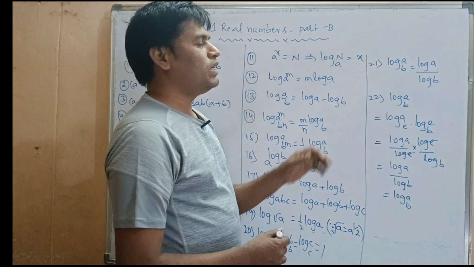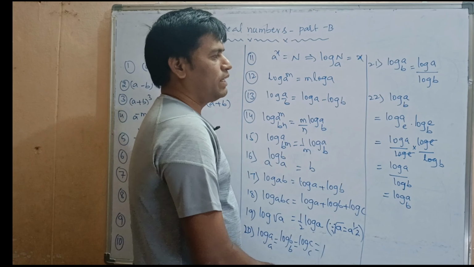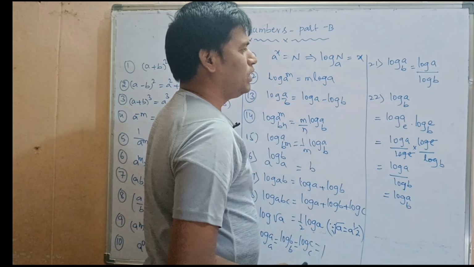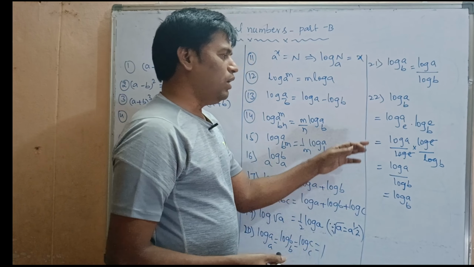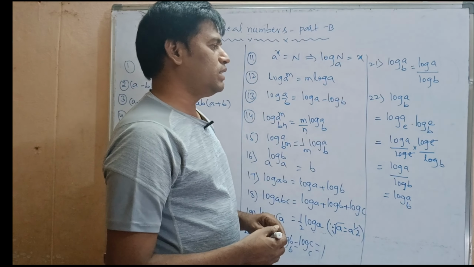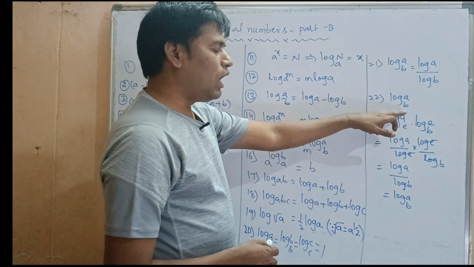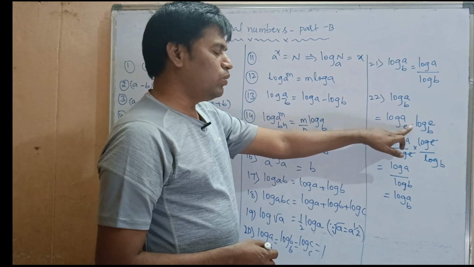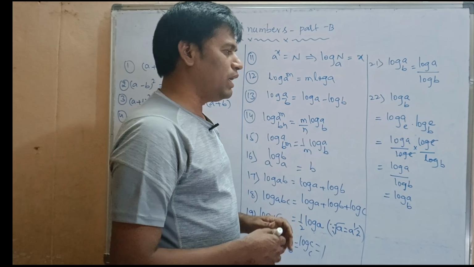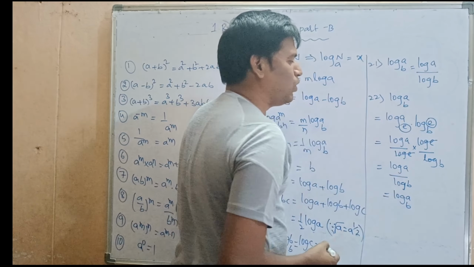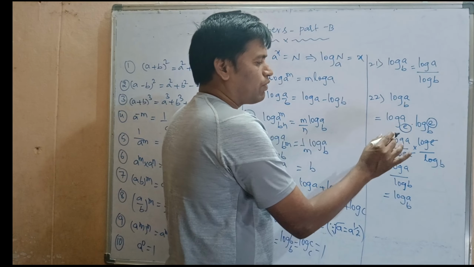Here log a base b, you are writing as log a by log b. One most important formula is log a base b, which you write as log a base e into log e base b. Whatever value you require, you can take here.